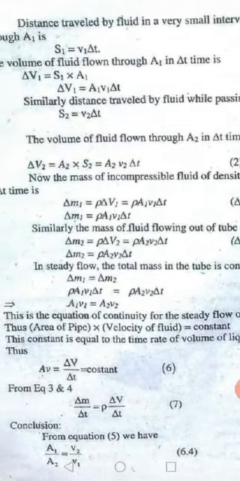Now if we modify our equation further, we replace speed with volume, where S equals V cross T, so V equals S by T. If we replace V by S by T, we find A into S by T, the cross-section area times the volume, which is delta V by delta T and equals a constant.